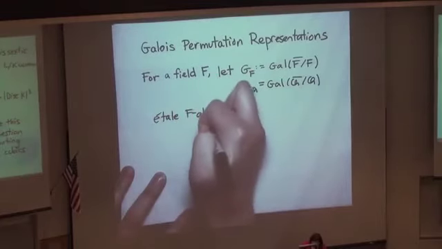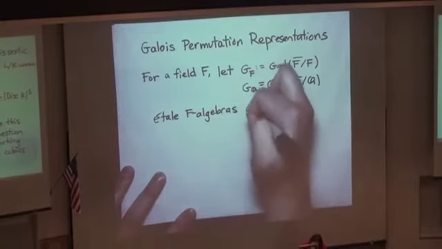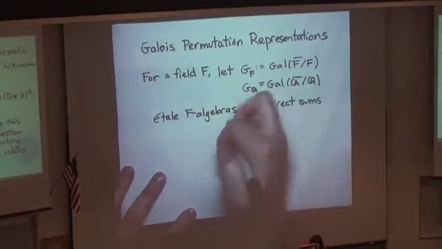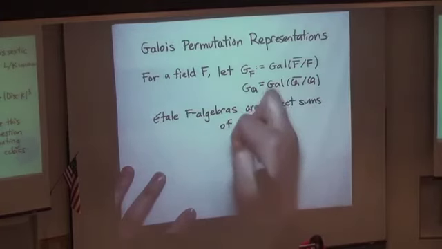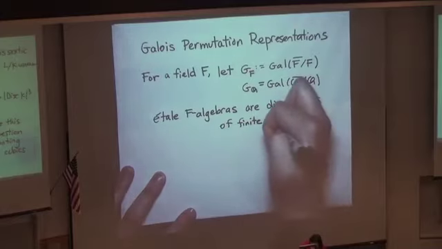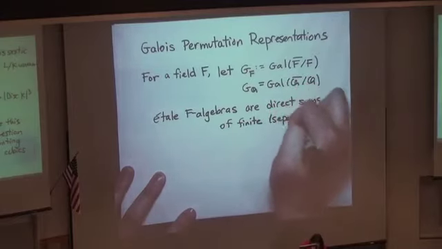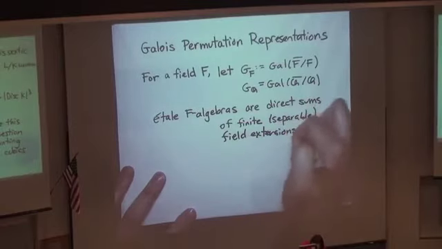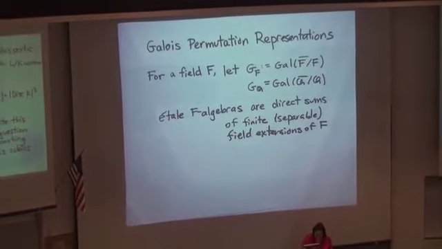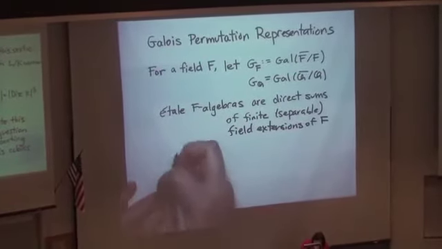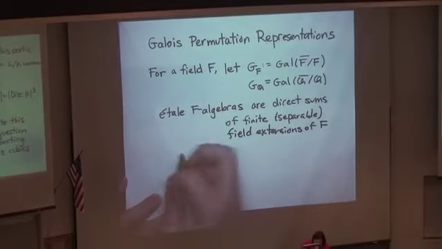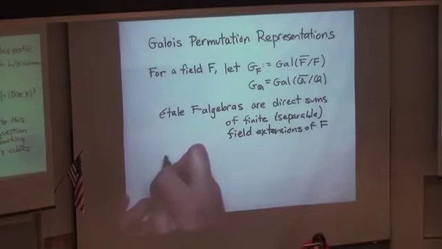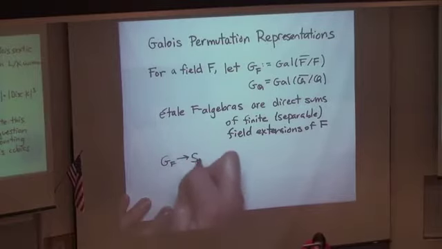We already talked about étale F-algebras, at least in the case when F was Q_p. So these are F-algebras that are direct sums of, I only care about characteristic 0, I like to say things exactly, so finite separable field extensions of F. And in fact, a Galois permutation representation is an action of the Galois group as a permutation group on a finite set, or another way of saying that, it's a continuous homomorphism from G_F to the symmetric group.